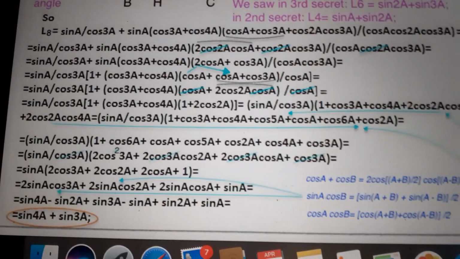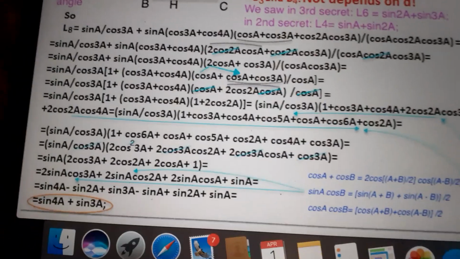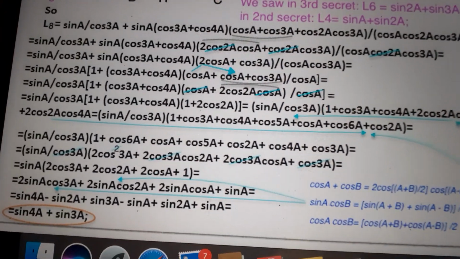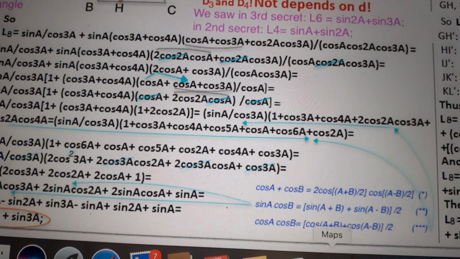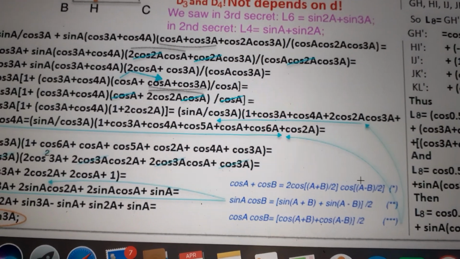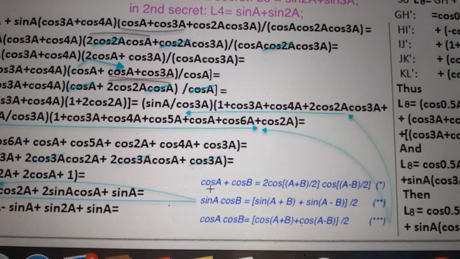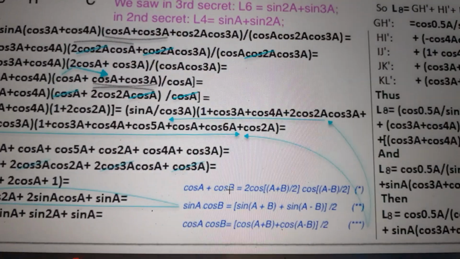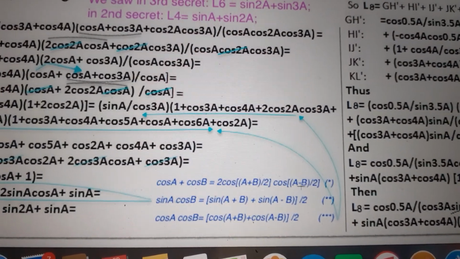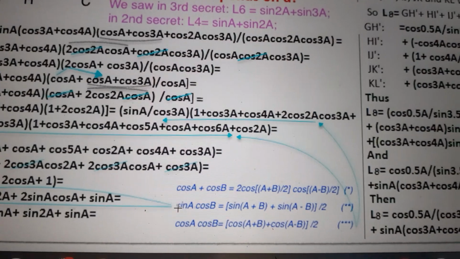And here we continue to work with these expressions, and we transform them, and we use here the usual school formulas for transformations: sum of cosines to product of cosines, and product of sine and cosine.